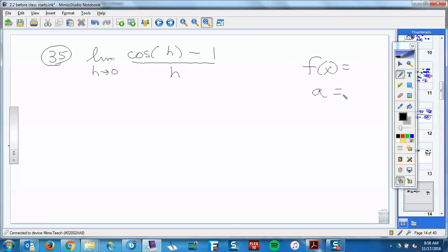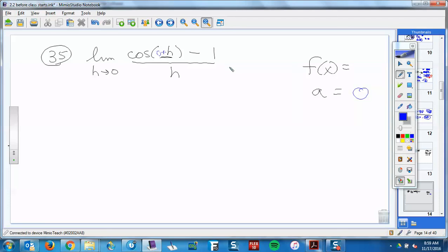It's right here. 0 plus h. What's the a? 0. It doesn't have to be 2 plus h or 3 plus h or 4 plus h. It'd be 0 plus h, right? If they'd have written 0 plus h, it would have made it easier for us, right? But there it is. 0 plus h.